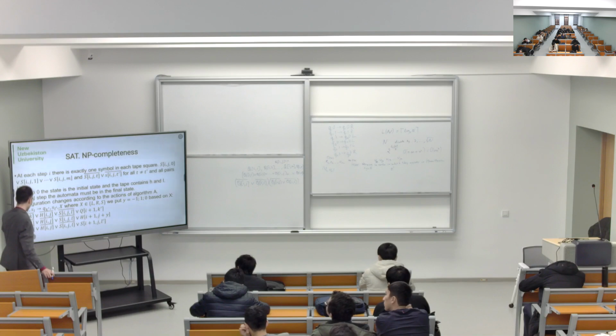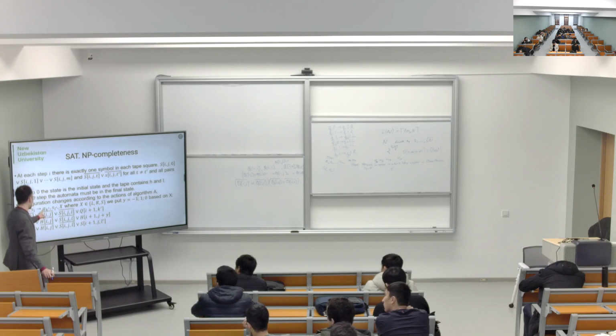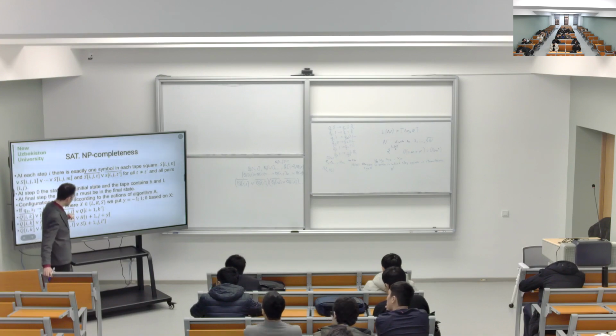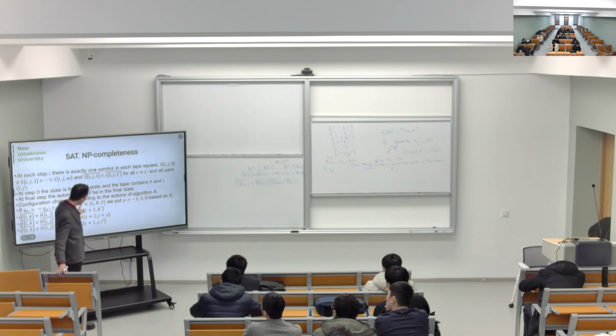So what do we do? At step i and state k, being at the position at step i and looking at the cell j and seeing symbol l at this step, we need to change to the next state.